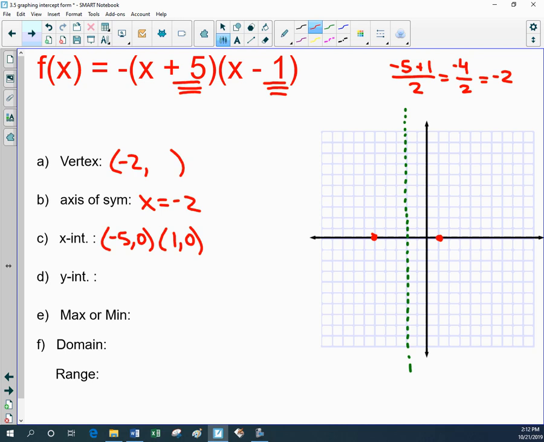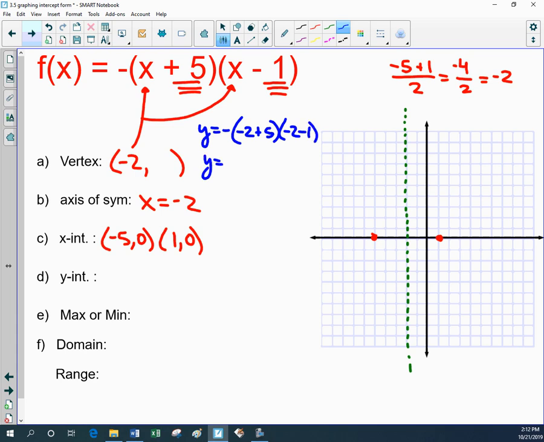Okay, once we know x, then we're going to plug negative 2 in for x, and we're going to solve for y. So we get y equals the opposite of negative 2 plus 5 times negative 2 minus 1.